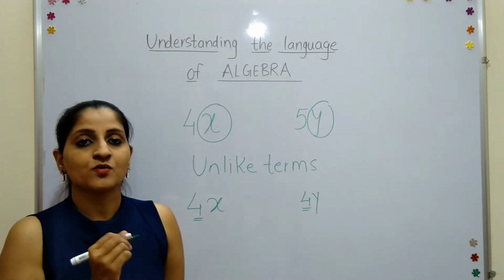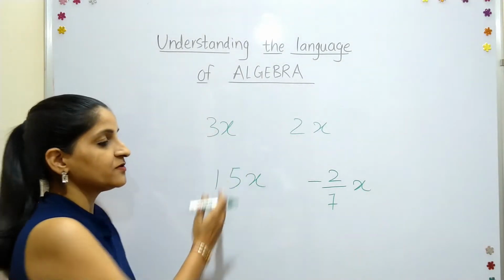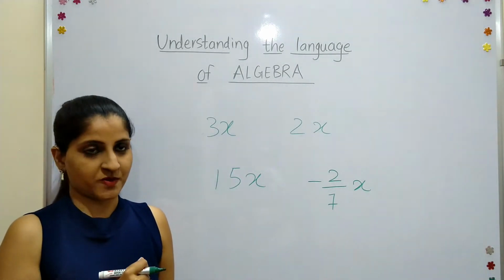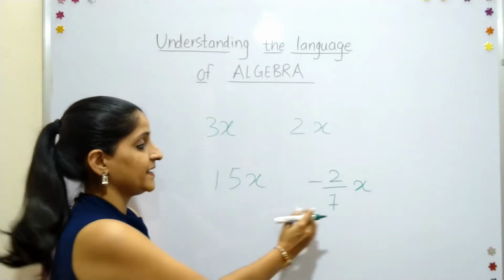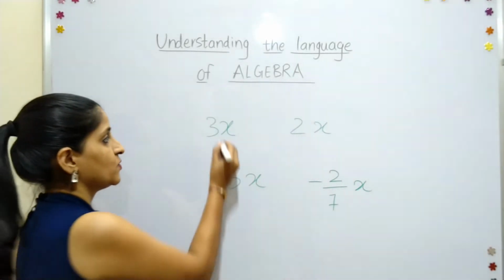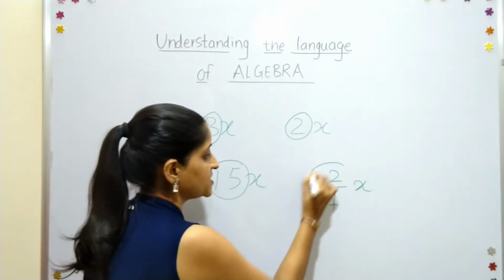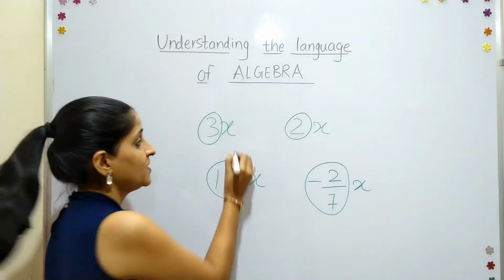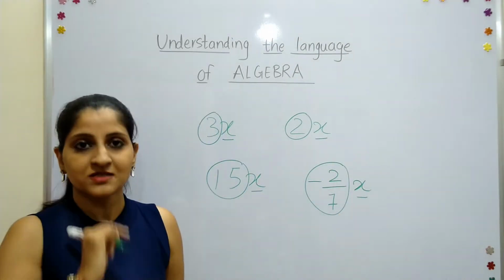Now let's understand what are like terms in algebra. Now I have written here four different algebraic terms on my board: 3x, 2x, 15x and negative 2 upon 7x. No matter whatever the value of the constant in all these four terms is, the variable in these terms is still the same.